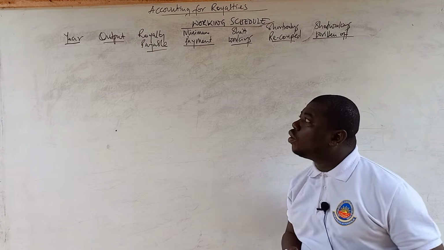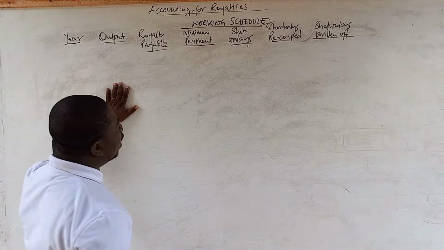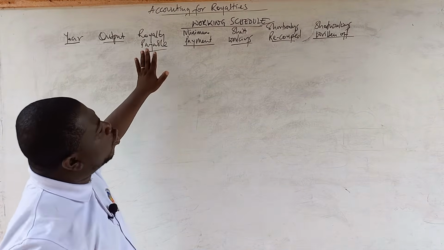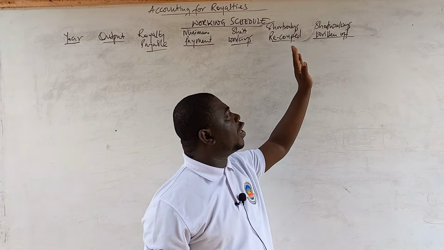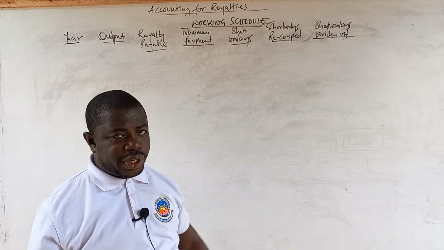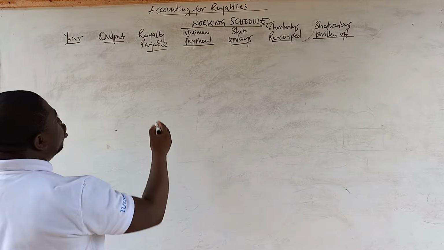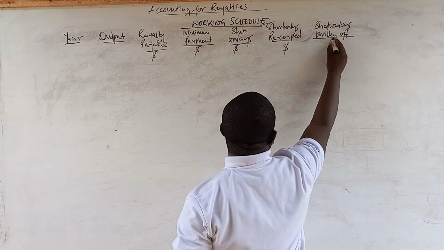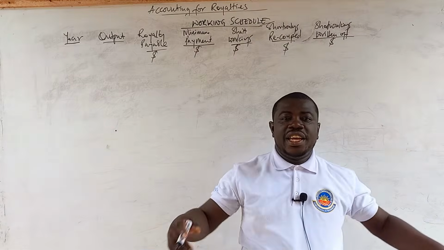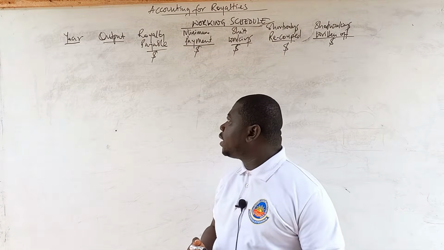So this is how to go by the working schedule. You start with the year, the output, royalty payable, the minimum rent, the short workings, short workings recovered, and then short workings written off. Usually you put your currency sign under each of these, with the exception of the year and the output. The output could be bags, tons, units, whatever they will give.